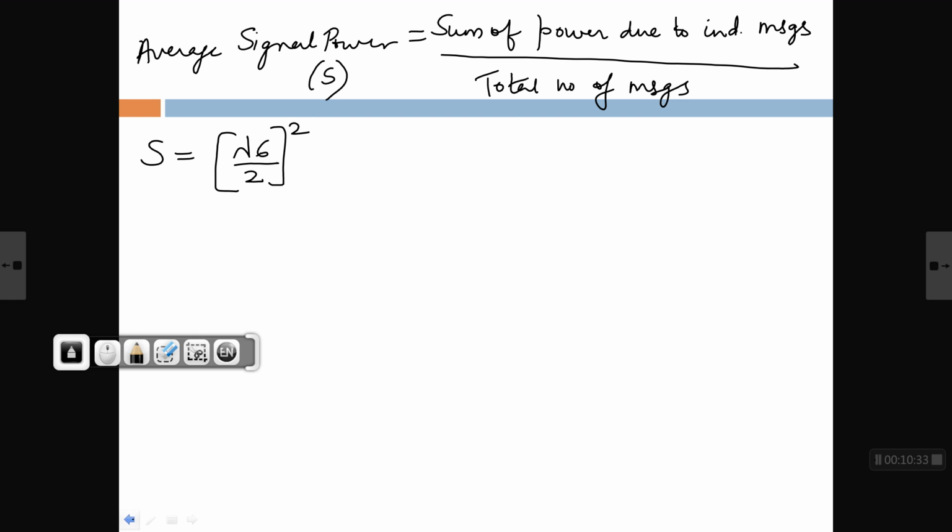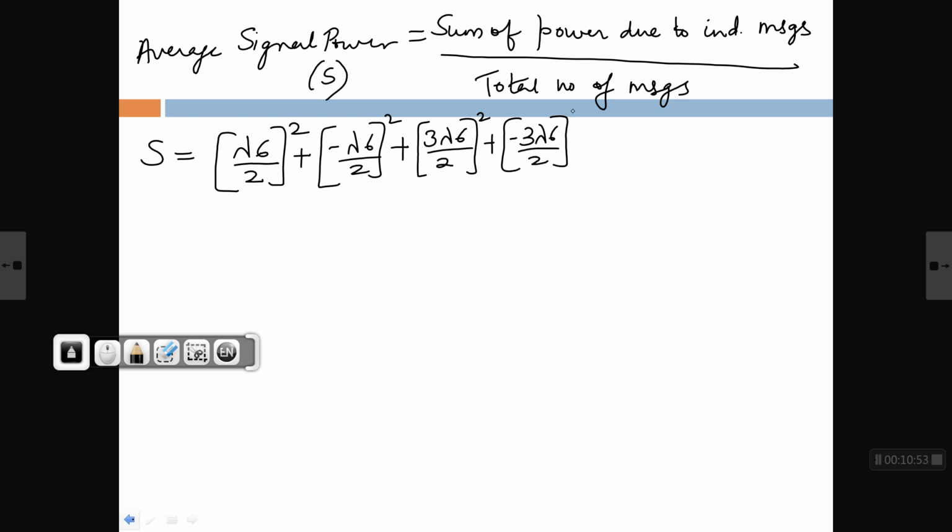I'm not considering the resistances. Then the level on the negative side was minus lambda sigma by 2 the whole square, plus the next level on the positive side was 3 lambda sigma by 2 the whole square, plus minus 3 lambda sigma by 2 the whole square.